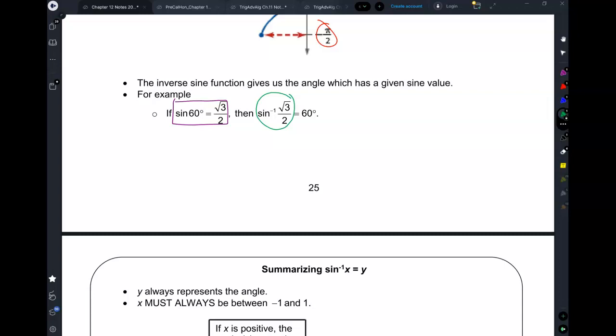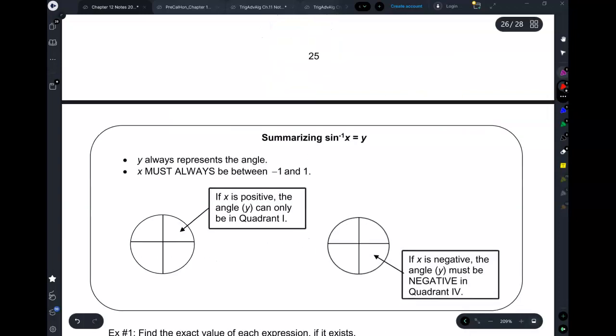And what is that angle? 60 degrees, okay? So if I was walking down the street and there was a white billboard, and on the billboard it said just that, I'd be like, oh, someone's looking for an angle for which the sine is root 3 over 2. That's 60 degrees. So that's what inverse sine is.